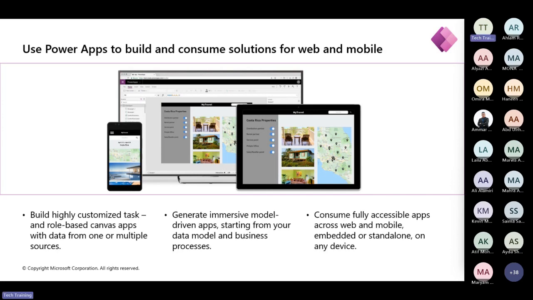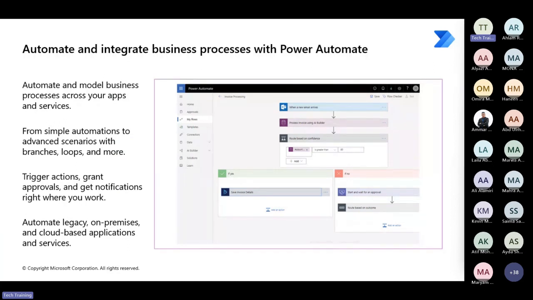Another feature we talked about was automation. Automation allows users to create what we call automated workflows between applications and also between services. It helps automate repetitive business processes such as communication, data collection, and decision approvals. As you can see here, the example is about something like an approval.